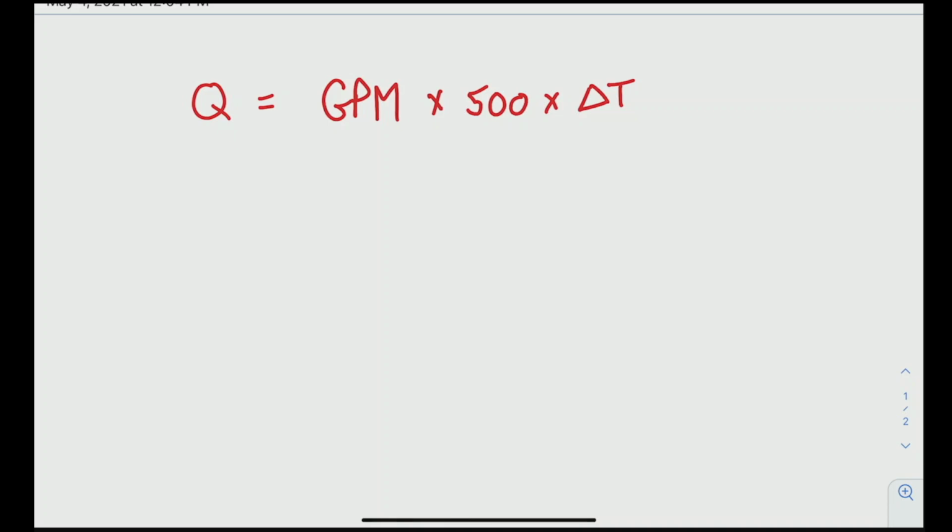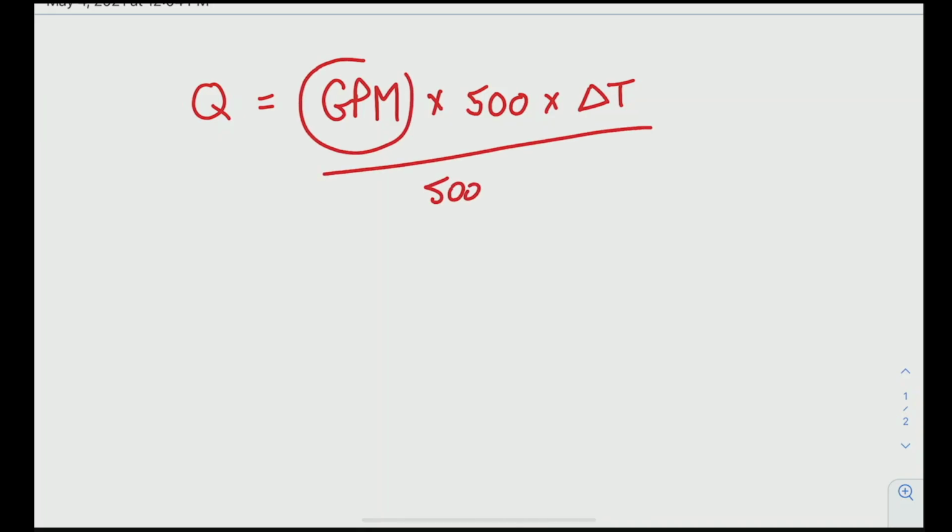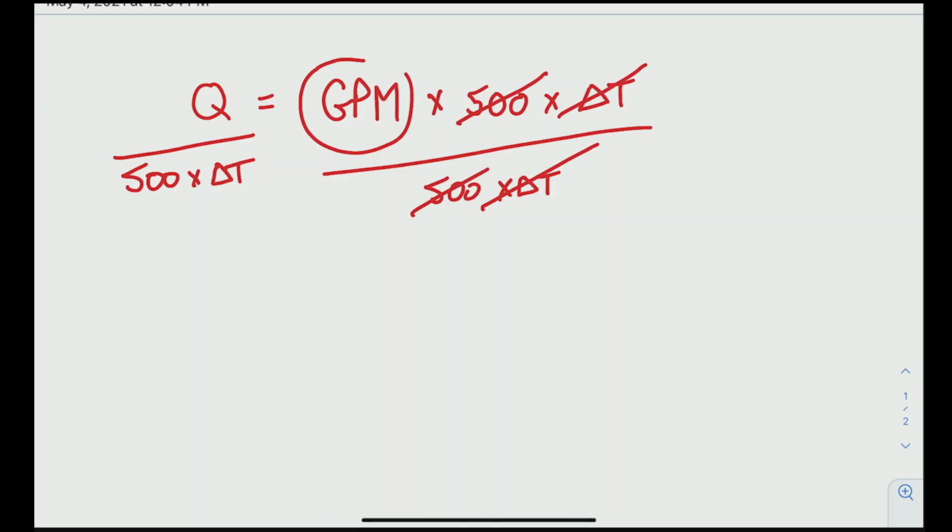So we can rearrange this very quickly to solve for GPM by dividing both sides by 500 times delta T. So I divide that side by 500 times delta T and this side by 500 times delta T. And you can see that these obviously cancel over here. So now we end up with a very simple formula.